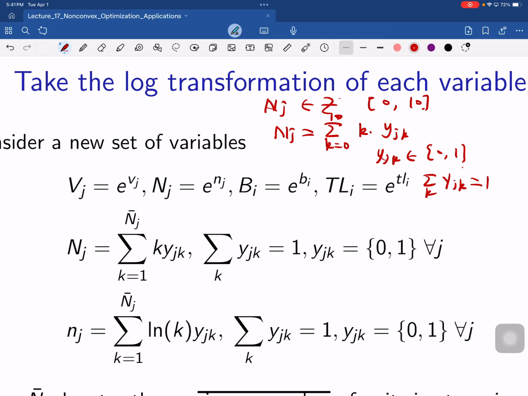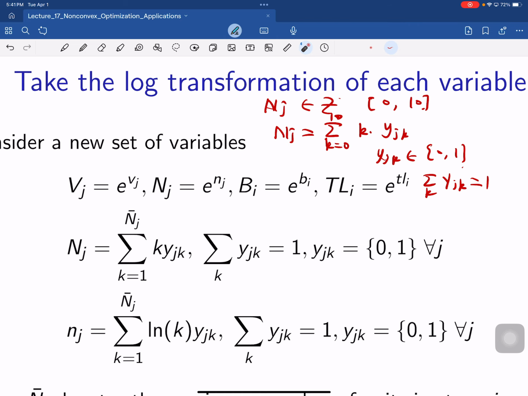Right? It's like you have an integer variable between 0 and 10. This binary variable yjk helps you choose what is the integer you are going to select between 0 to 10. Right? So that's a very simple trick to convert an integer variable into the sum over some binary variables. Okay.